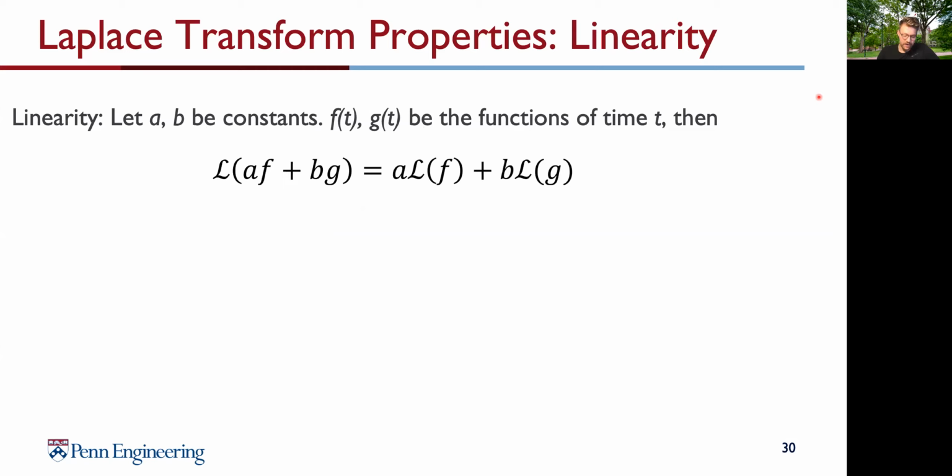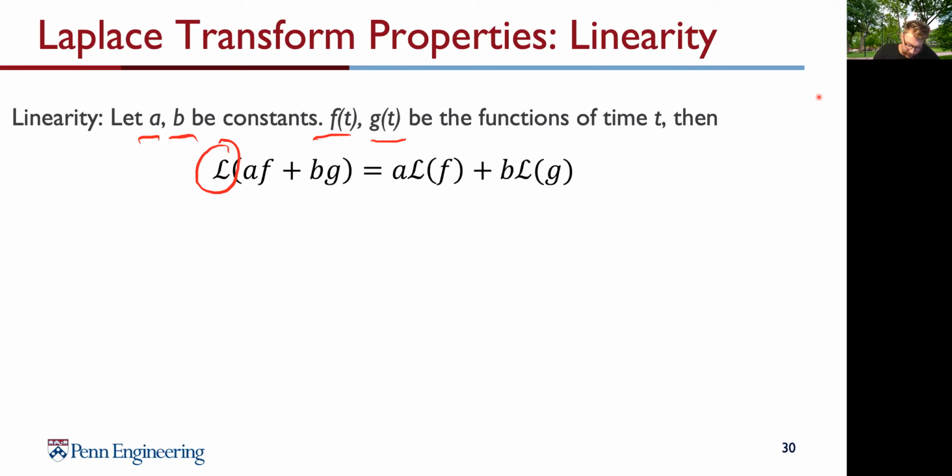So we now have a function f of t and g of t, both of them in the time domain. We have a and b that are constants in our system, and we now want to make a Laplace transformation of the complete function.